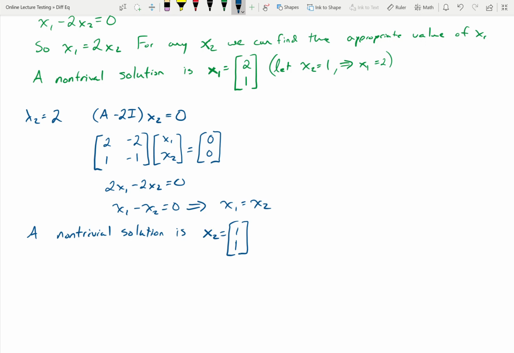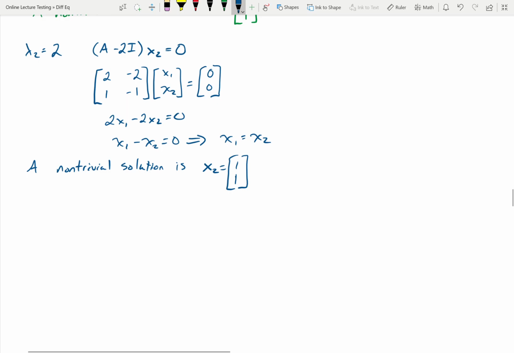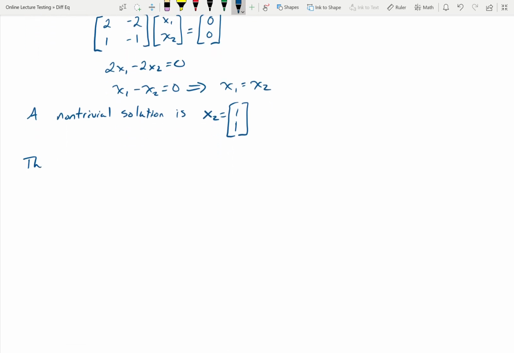And again, that's coming from x1 is equal to x2. All right, so that's where those guys are coming from. Thus, our eigenpairs are lambda 1 is equal to 3, x1 is equal to 2, 1, and lambda 2 is equal to 2, x2 is equal to 1, 1.